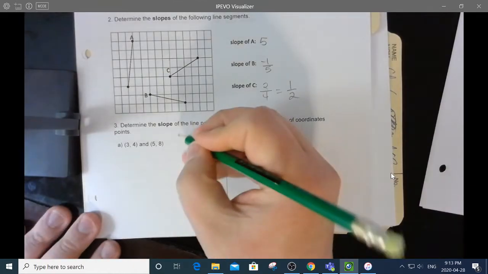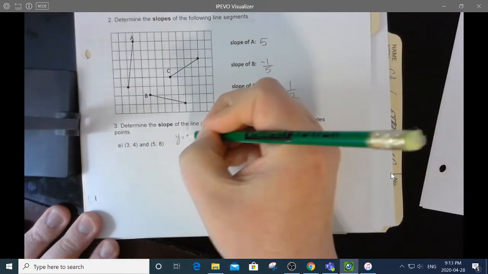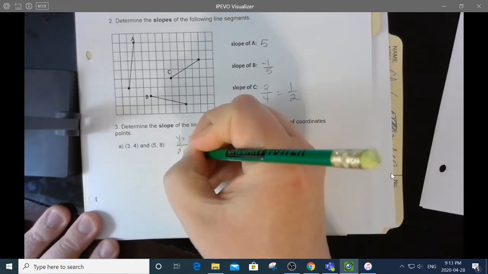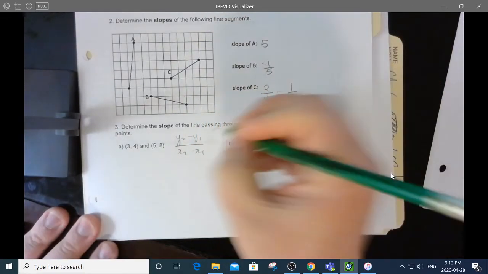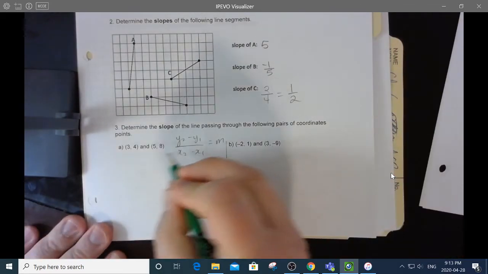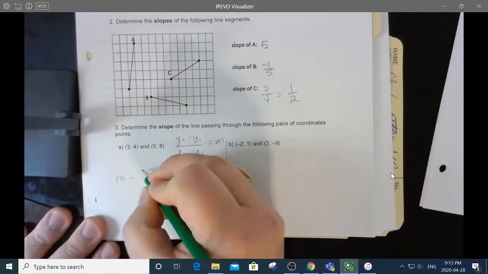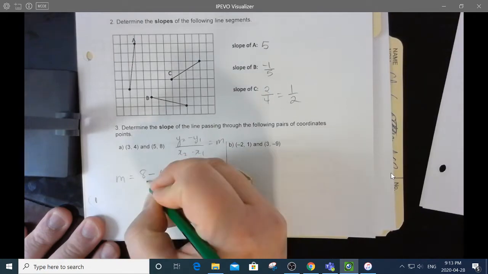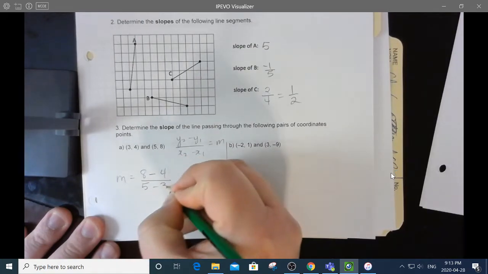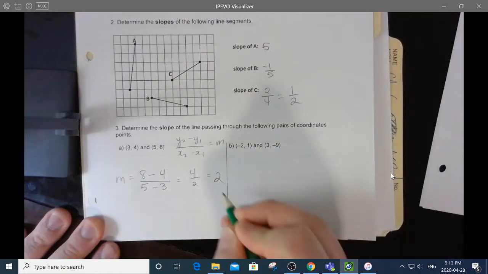Okay, number 3, determine the slope of the line passing through. Aha, now I can use my formula. And my formula is y2 minus y1 over x2 minus x1 is my slope. So I'll call this one the second coordinate. So m is 8 minus 4 over 5 minus 3, which is 4 over 2, which is a slope of 2.